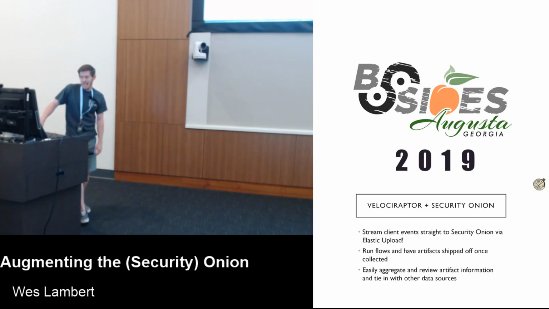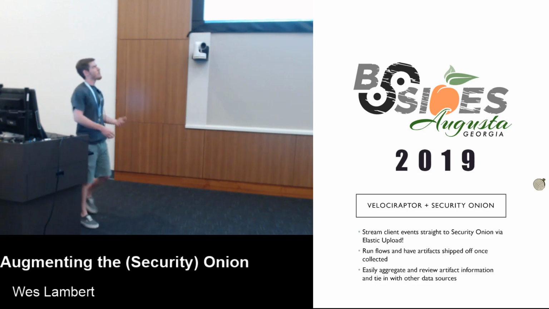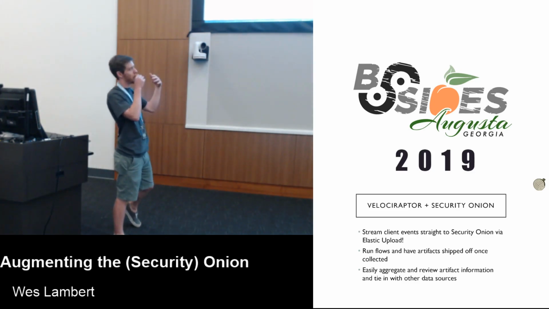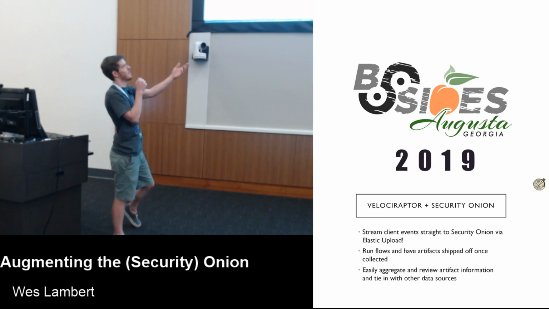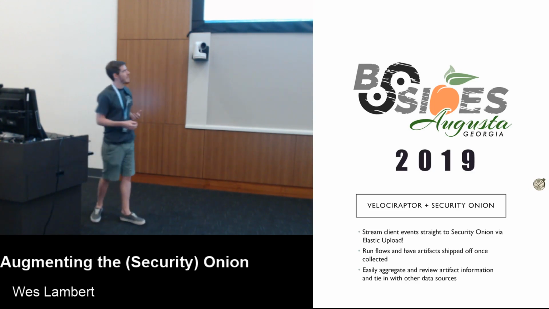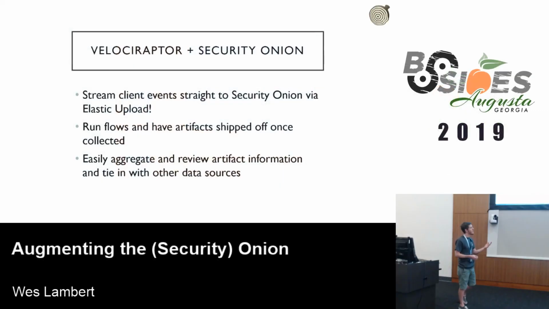So given that, we can stream client artifacts and these server artifacts straight to security and running the Elastic Stack, right? So it's pretty neat to be able to take that data and then easily aggregate on it and review that information and tie it in with all these other data sources that we have, again, providing even more context around events occurring in our network.